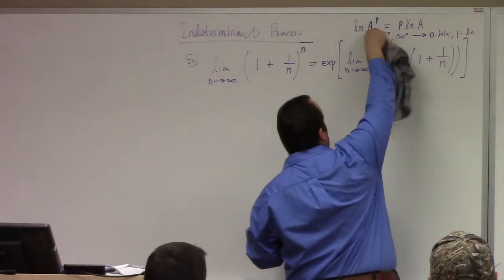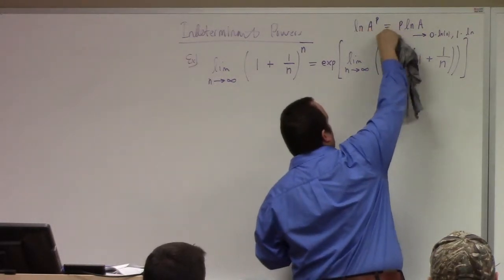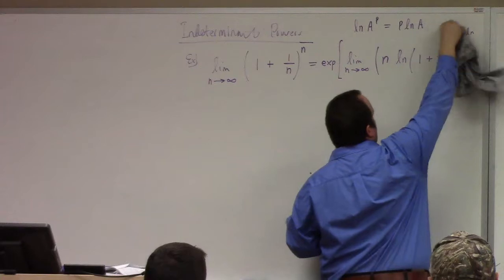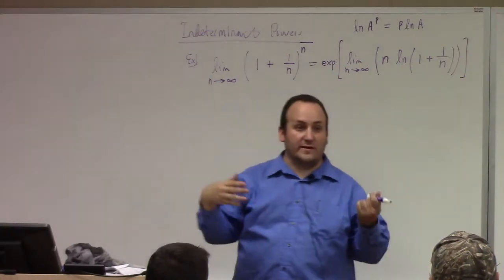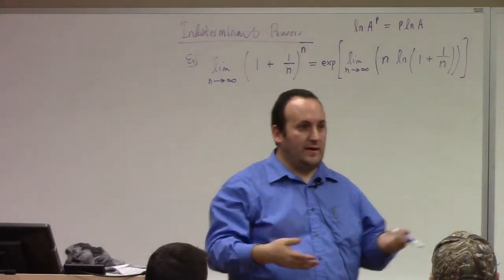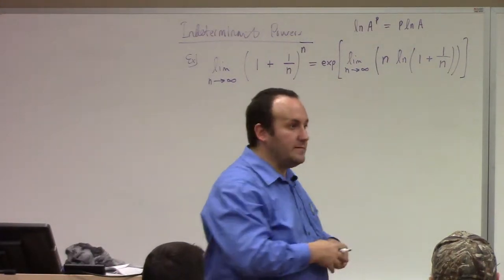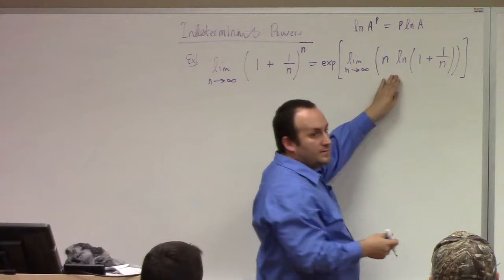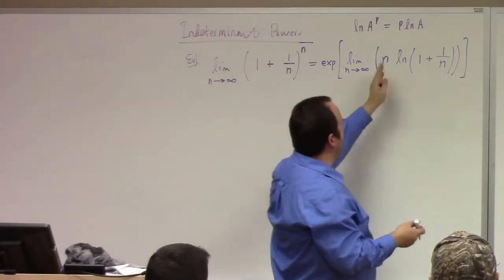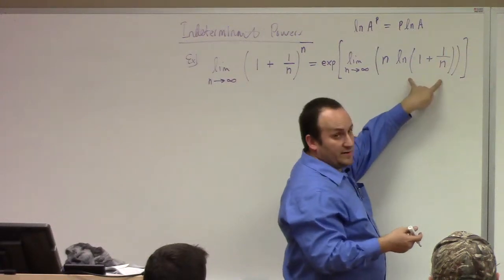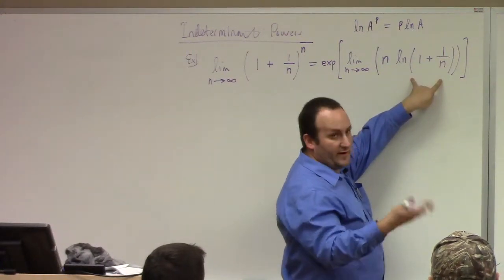The point is, if you use the property of the logarithm here, it will convert the indeterminate power to an indeterminate product, and also it involves the logarithm. So that happened here. We go from having 1 to the infinity to having something like infinity times the log of, what does this do? 1 over n goes to what?